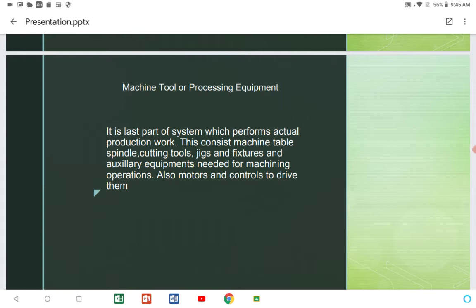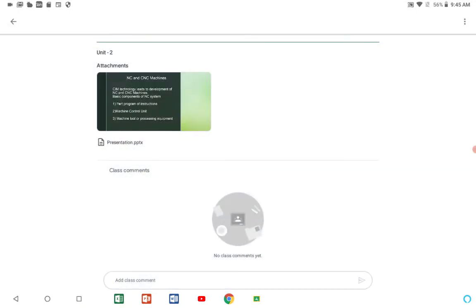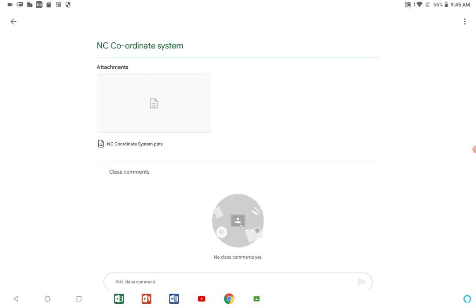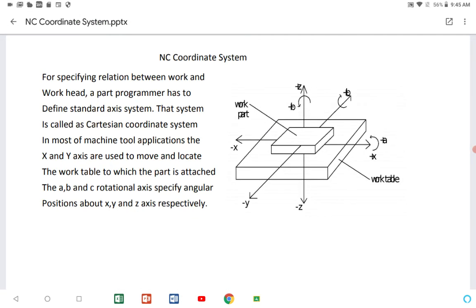Next we shall take up the NC coordinate system, where the movements between work part and work head are related. How the movement takes place in the machine tool, you can see in the diagram.